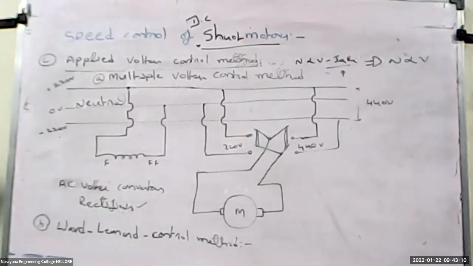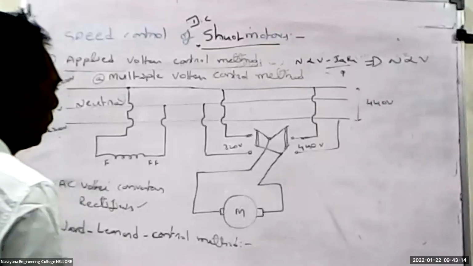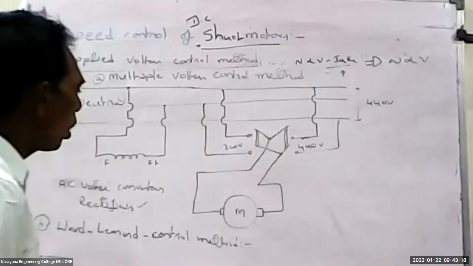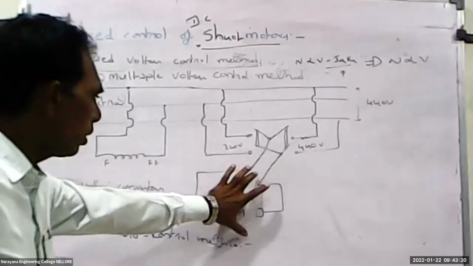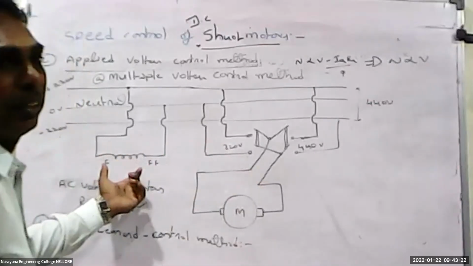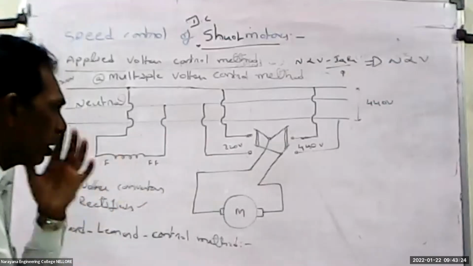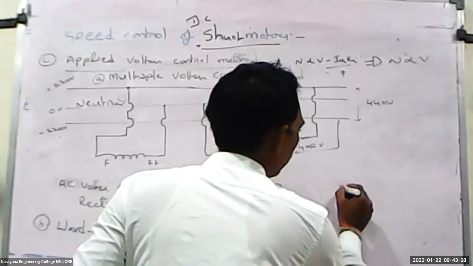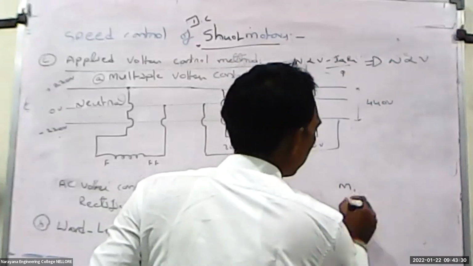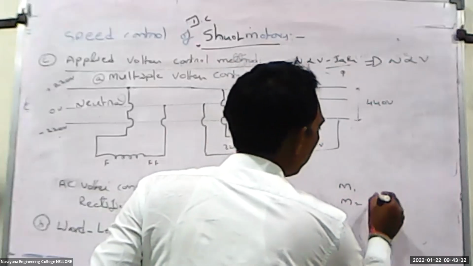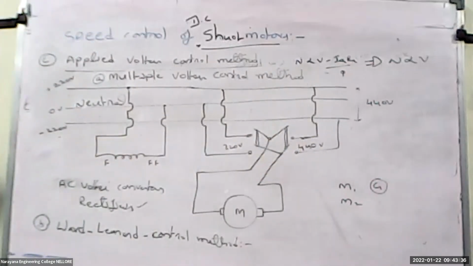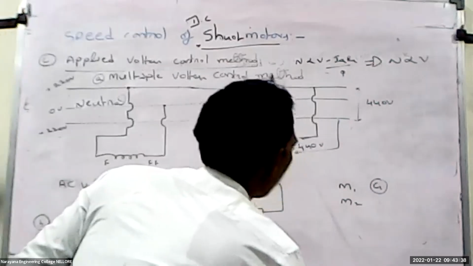I will explain the difference between these two. In this method, if you want to control, only one motor is there and one field winding is there. In the Ward-Leonard control method, we have to use one motor, a second motor, and a generator.